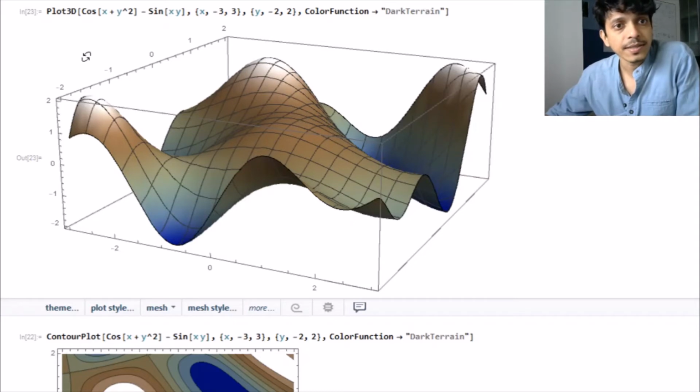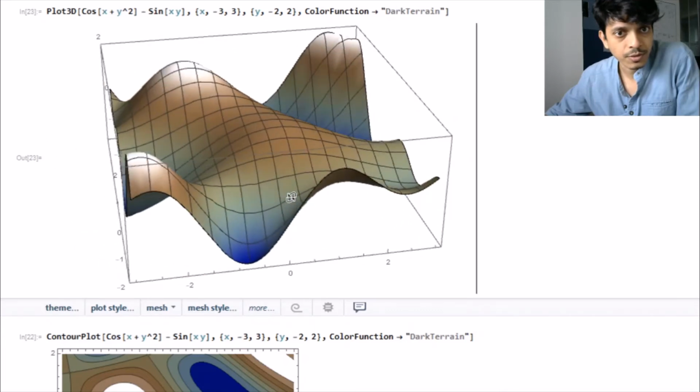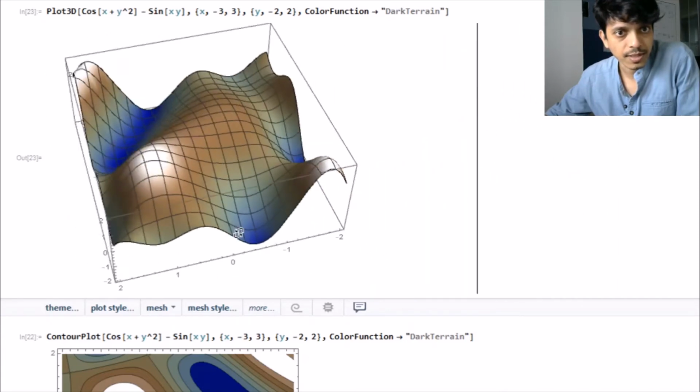Depending on the values of x and y, where x goes from -3 to 3 and y goes from -2 to 2, at each xy point you have a different value of this function, and that is shown in this 3D plot. You can move it around and see from different angles what this function looks like.